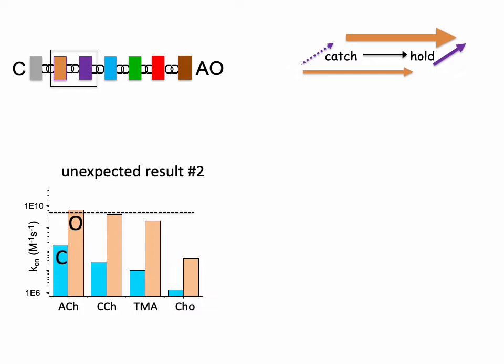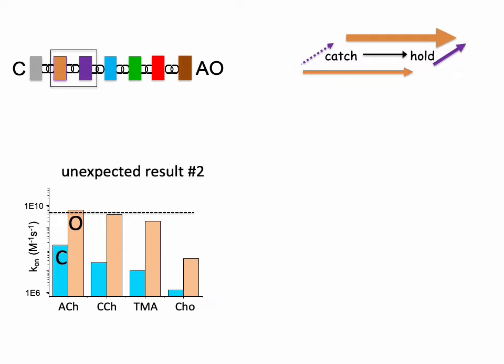I think that the linear free energy linkage throughout the isomerization can be used to explain an unexpected experimental result shown in Chapter 3, shown here below, which is that the association rate constant of agonist to O is not only faster than to C, but is roughly at the diffusion limit and the same for many agonists.